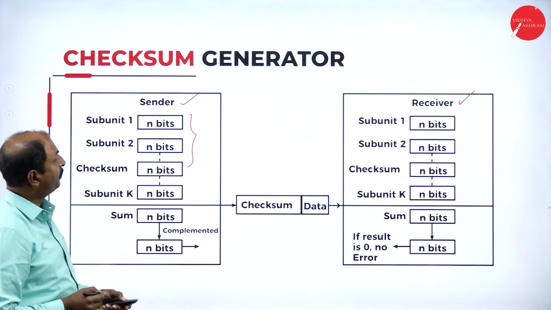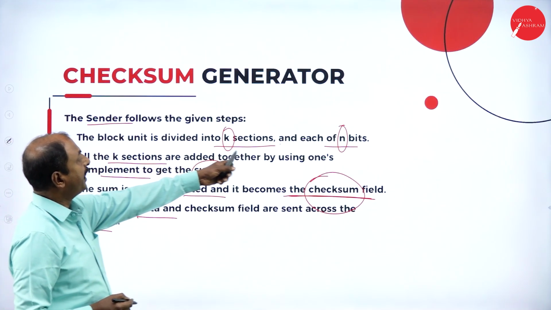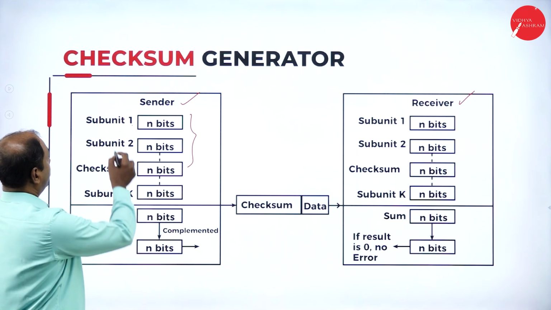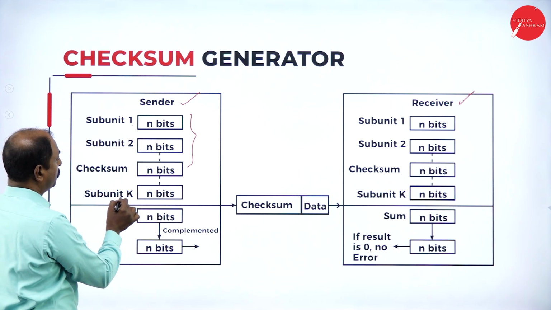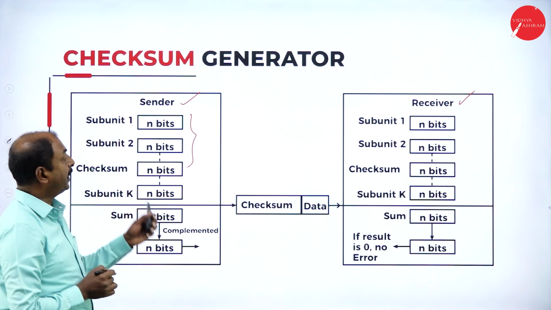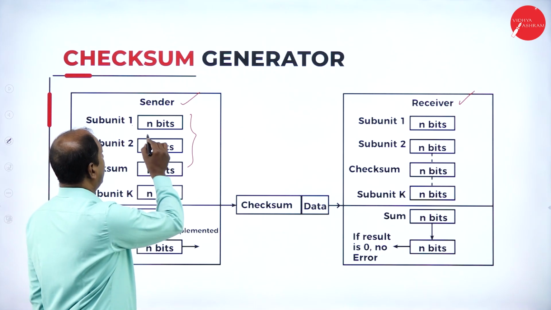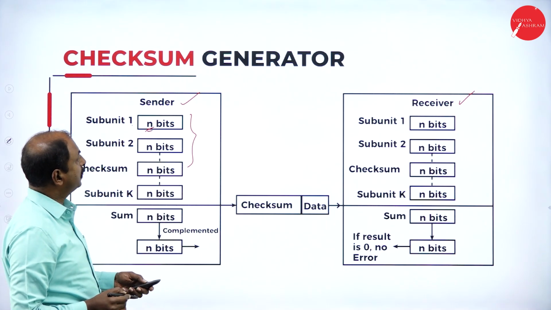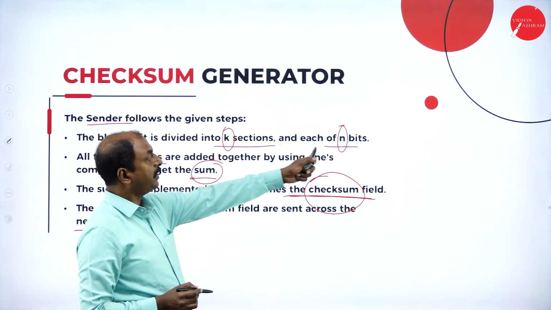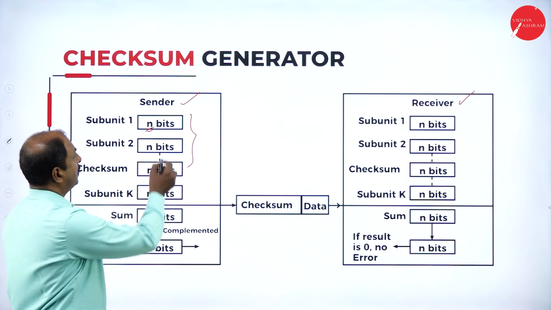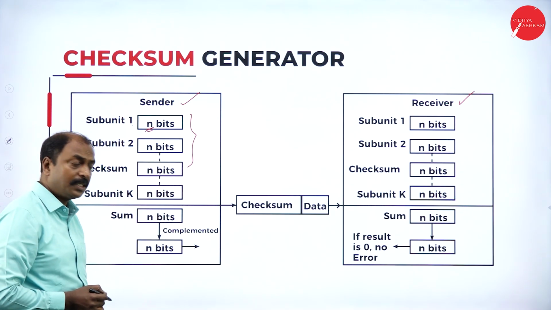As we have seen in the definition, the data is divided into k sections. So this is section 1, section 2, and up to section k. There are k sections, and each section will have n bits. So this is the number of bits, here it is n.